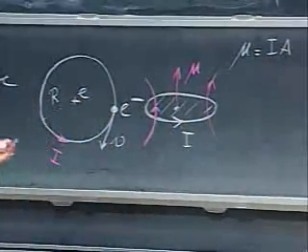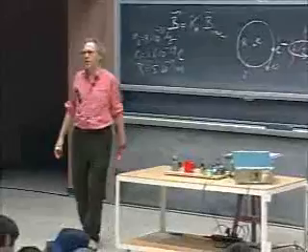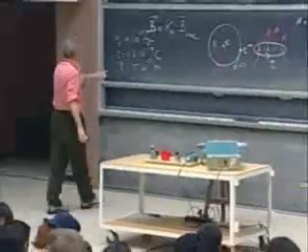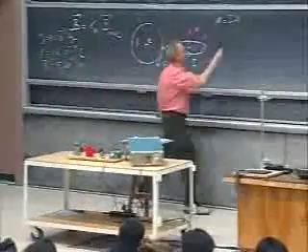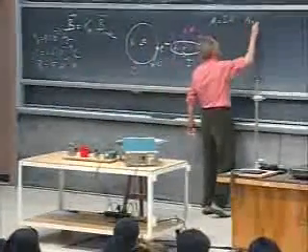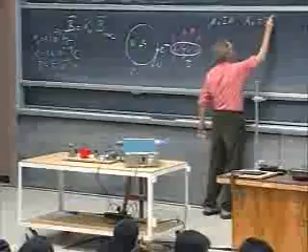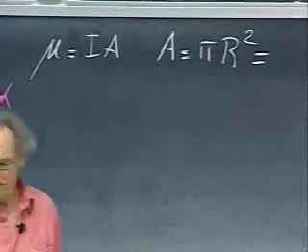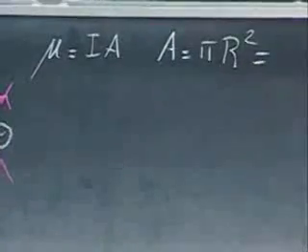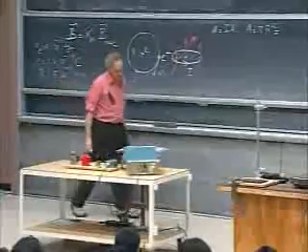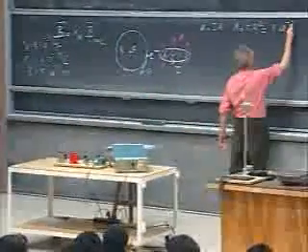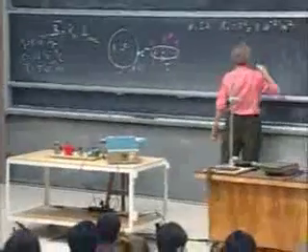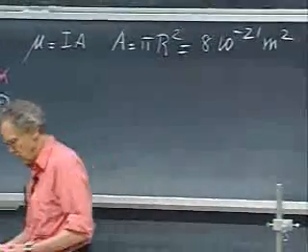Now, the area A is trivial to calculate. That's pi r squared, r being the radius of the orbit. And if I use my 5 times 10 to the minus 11, then I find that this area is 8 times 10 to the minus 21 square meters. So that's easy.